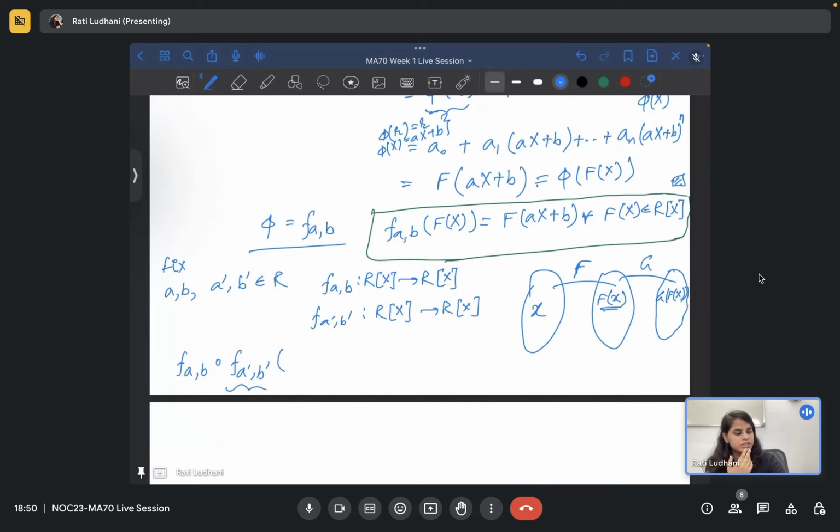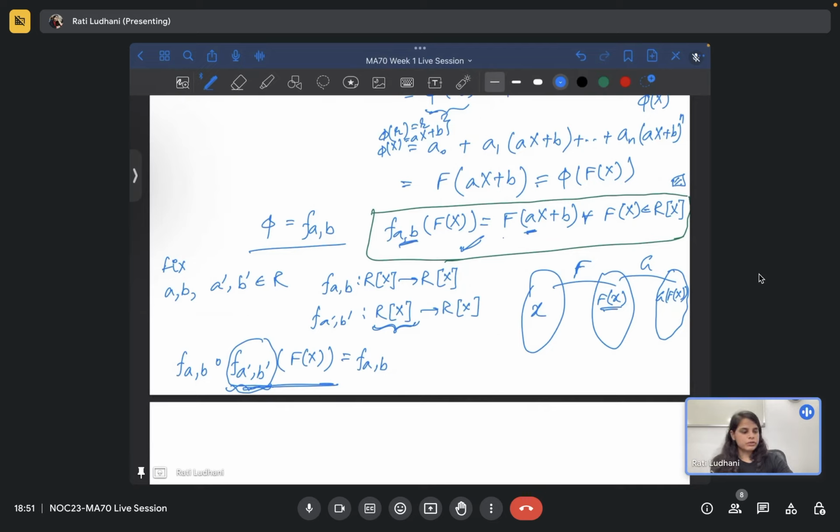So f_{a',b'} will apply over elements of R[x]. That means you consider any polynomial of R[x], then this will be f_{a',b'}. Now we have the defined notation. This notation means, for any a, b, we fix some element, and this map will map it to a'x + b', whatever the elements are there.